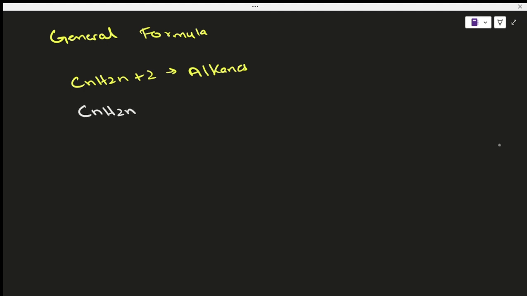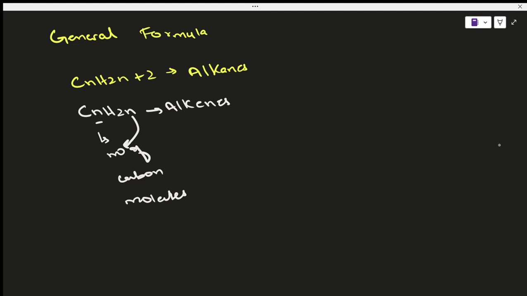There is no plus 2 for alkenes. And the same concept applies here. This n stands for the number of carbon atoms, and this n is the same here. Both n stand for the number of carbon atoms.